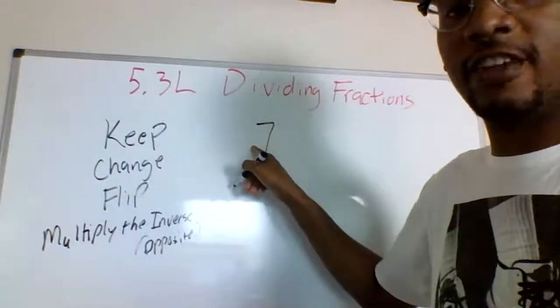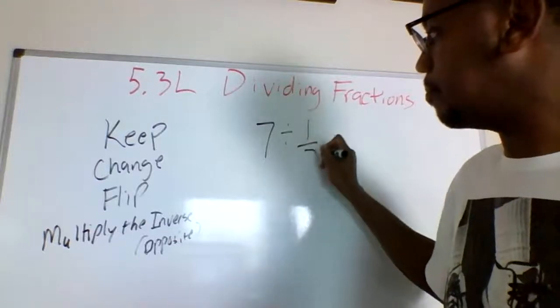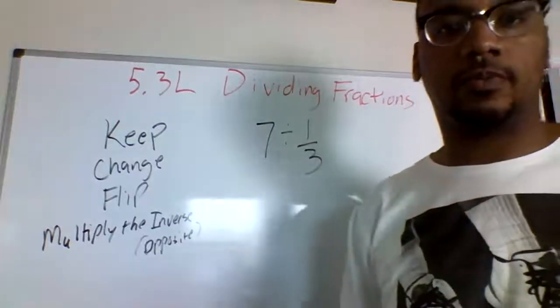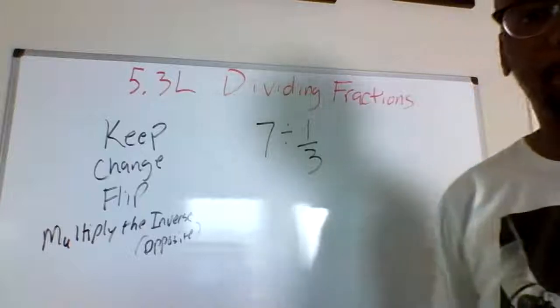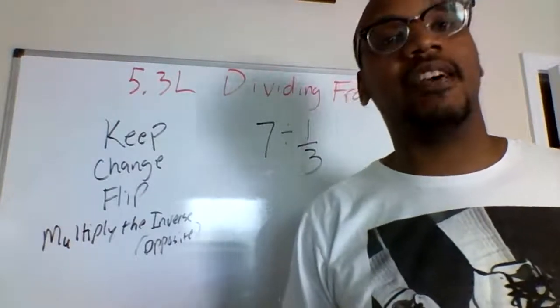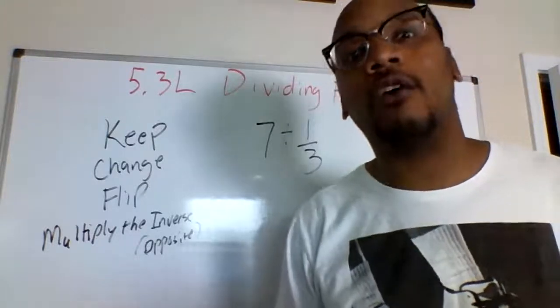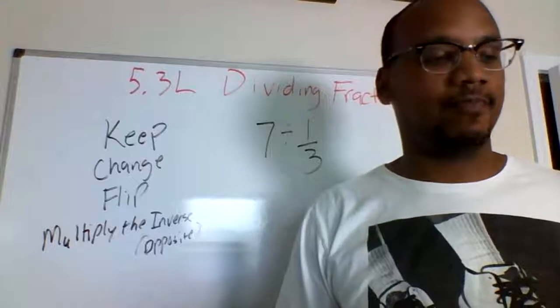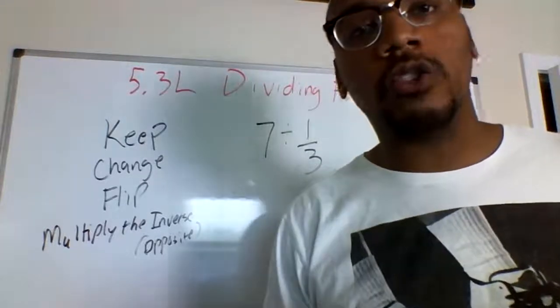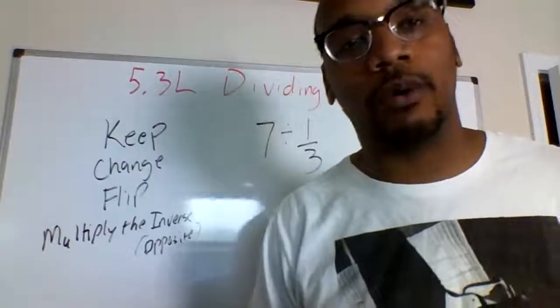So this is 7 wholes divided into 1/3 groups. It's not 1/3 divided by 7. It's 7 divided by 1/3. Because 7 is the total amount of popcorn. Right?